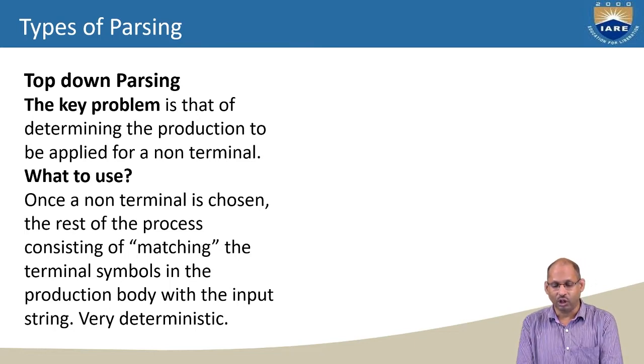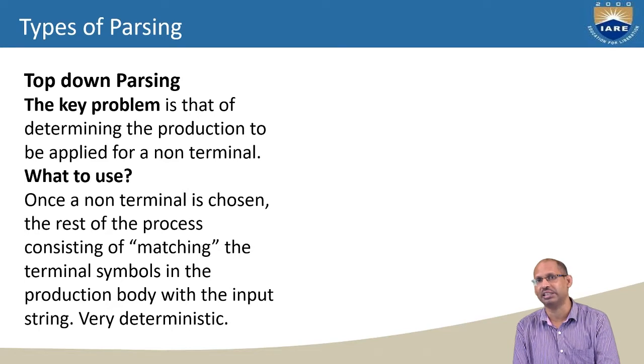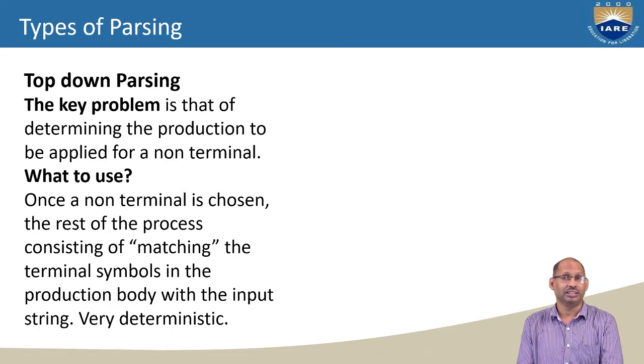So once a non-terminal is chosen, the rest of the process consists of matching the terminal symbols in the production body with the input string, right? So once we determine the production, which non-terminal we have to replace, then we have to match the terminal symbols with the input string, right?